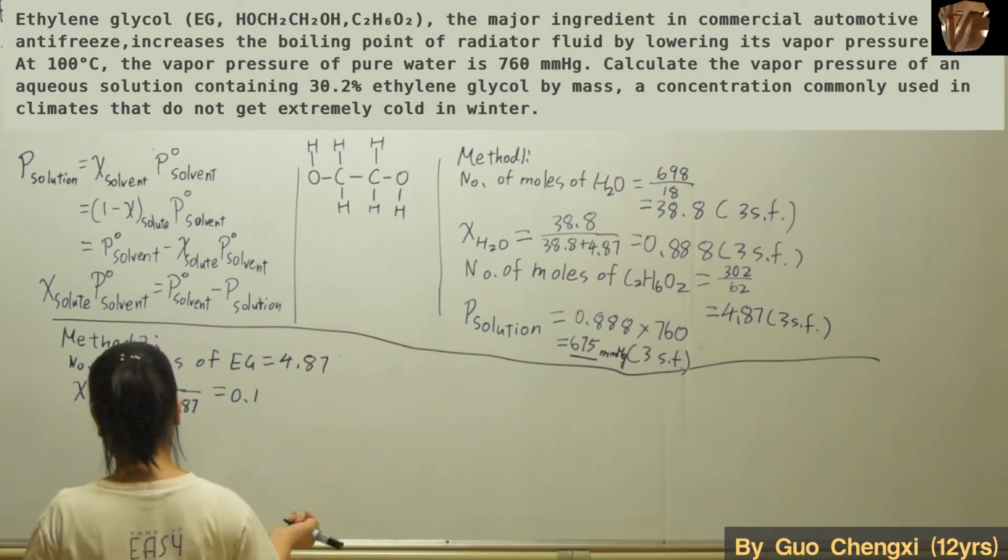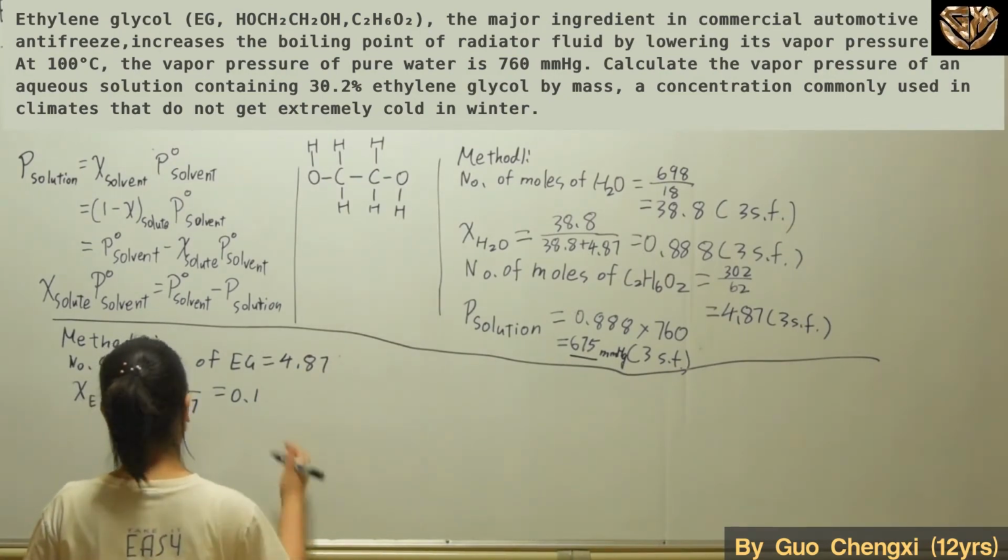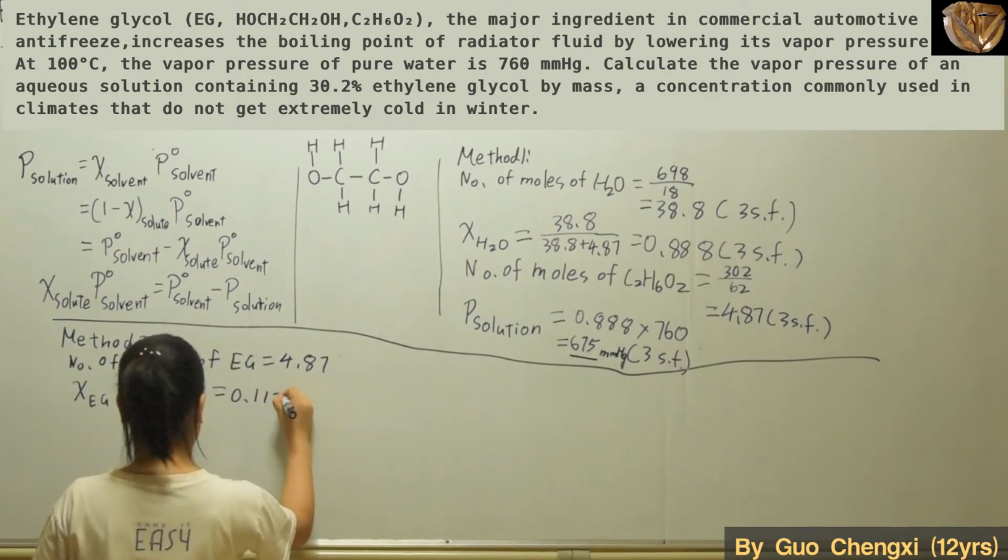But 3 significant figures, so the 5 you have to round up, so it becomes 0.112.